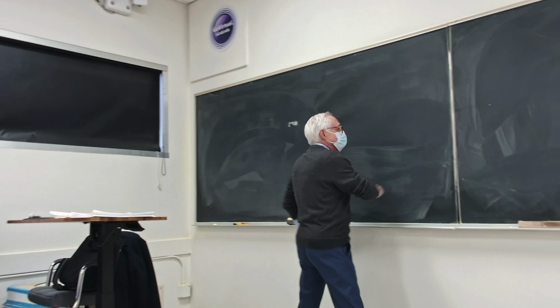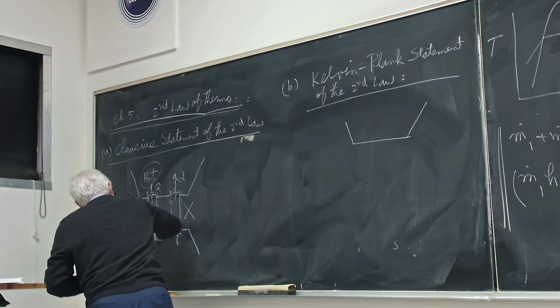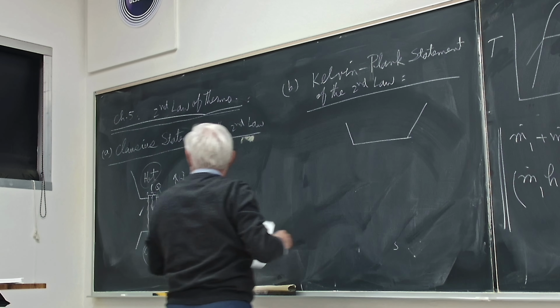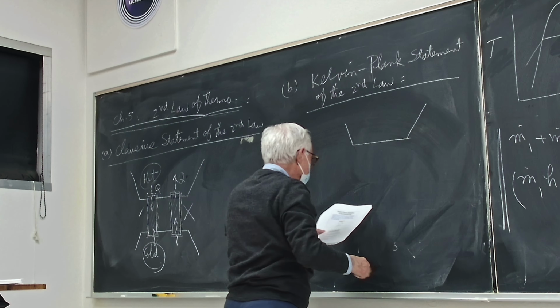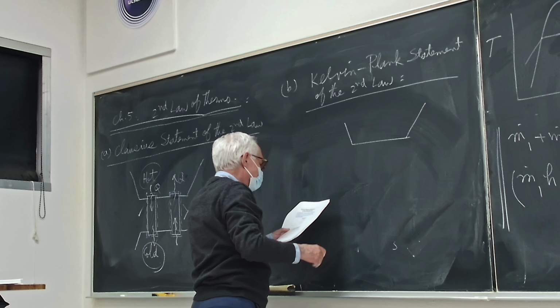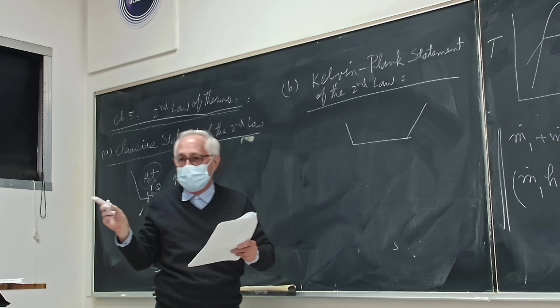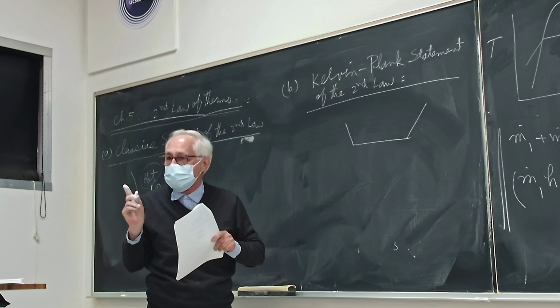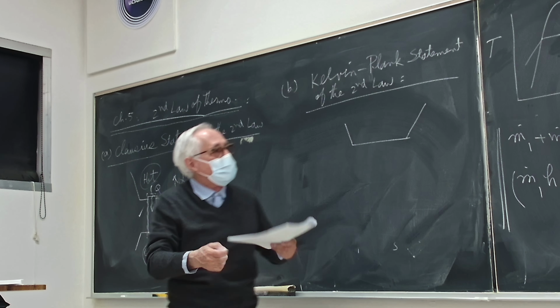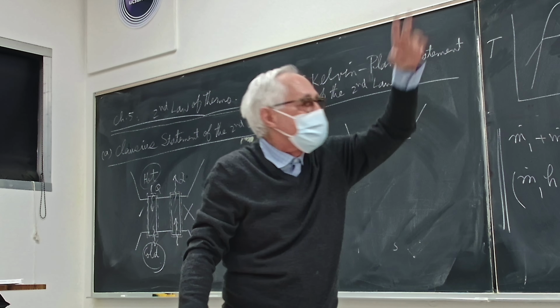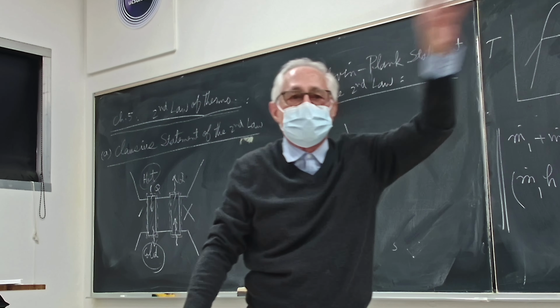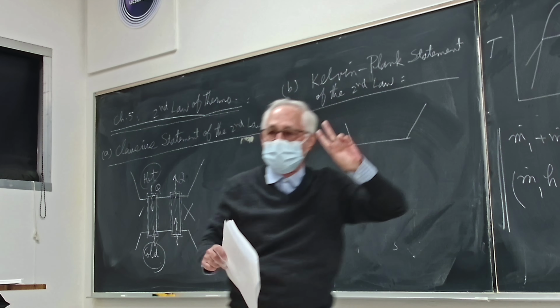Let's take a thermal reservoir again. Okay? So let me put hot, cold reservoir. And let's go with a cycle. Now you know what a cycle is, yes? Imagine it has somehow a boiler, a turbine, something, okay?